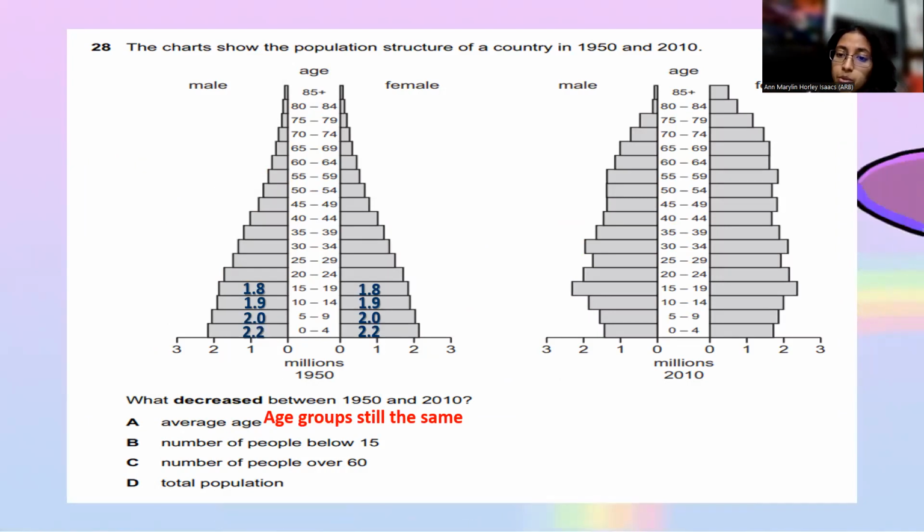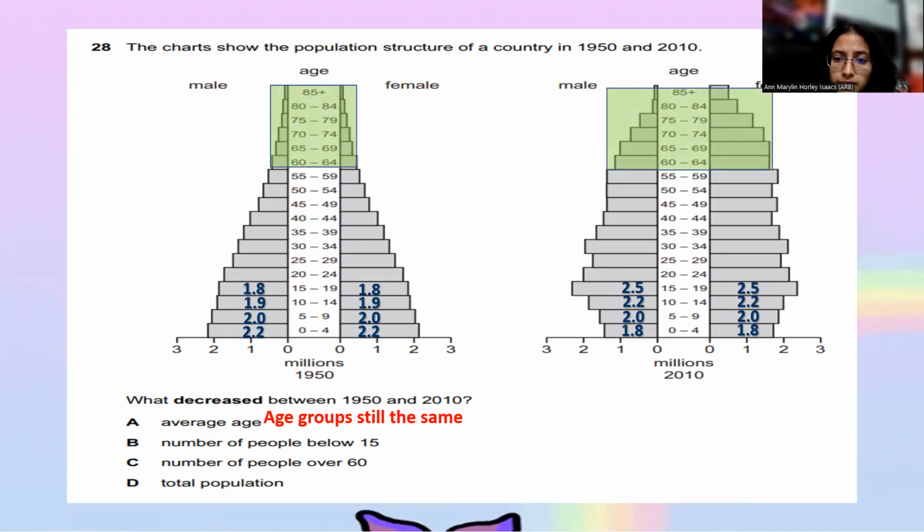Number of people below the age of 15. If you just add that up, you probably might see that the number has increased, even if you just take a rough look, right? Very mildly, but it has probably increased. Number of people over 60 has actually increased.